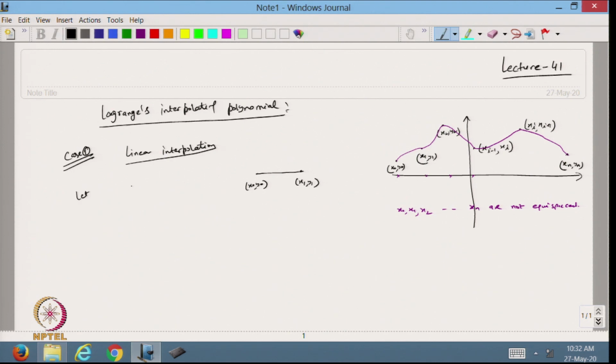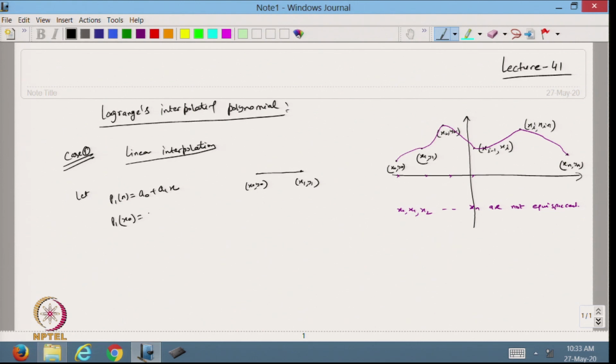I define the interpolating polynomial p1(x) as a0 plus a1x. Since this is the interpolating polynomial, it should pass through the points.